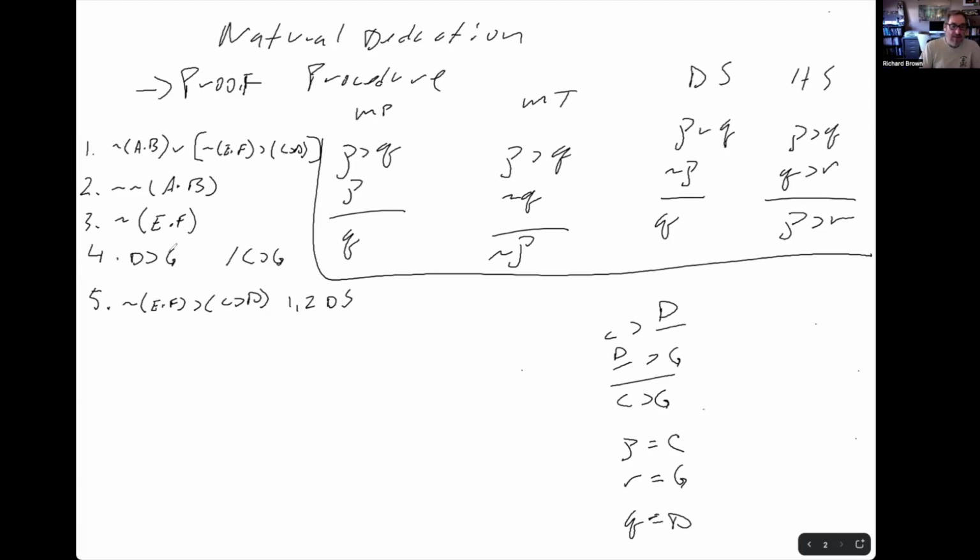Okay, so now we have something new to use. And we can see that line 5, the main operator here is a horseshoe.